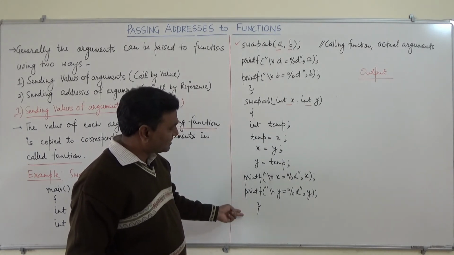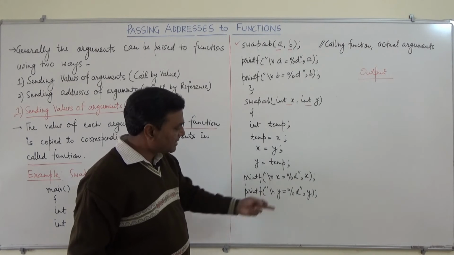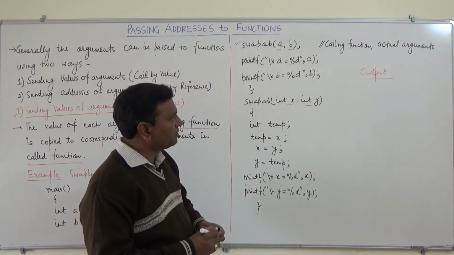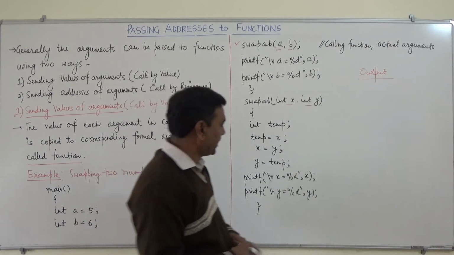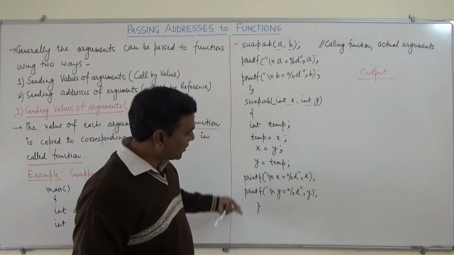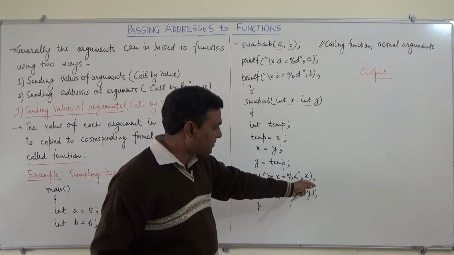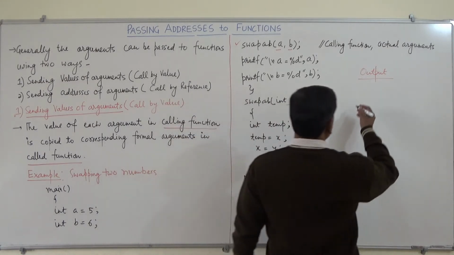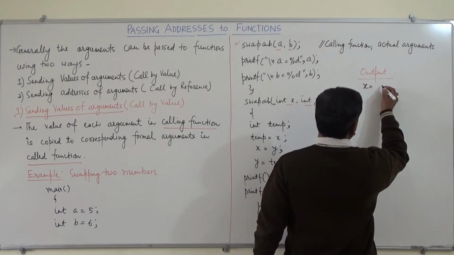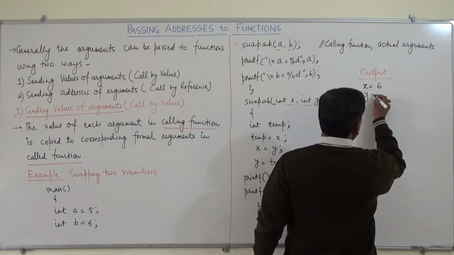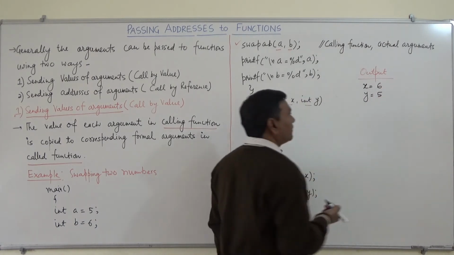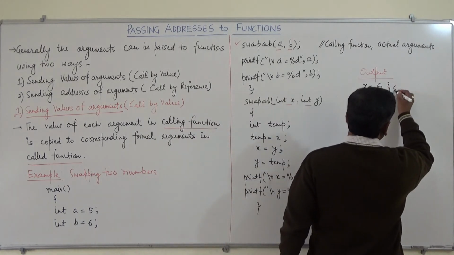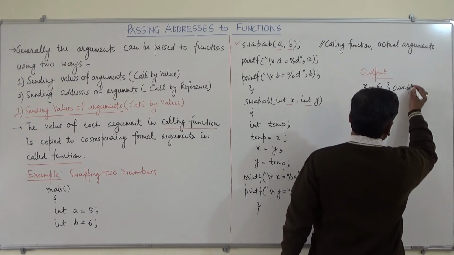So in this, the value of x and y is printed. So what value will be printed? Because they are swapped, the value of x will be 6 and the value of y will be 5. So we can say x is 6 and y is 5. So these two values are swapped.